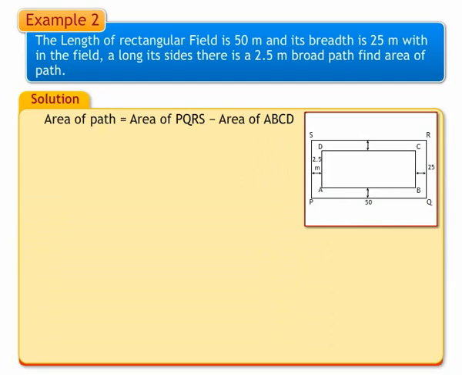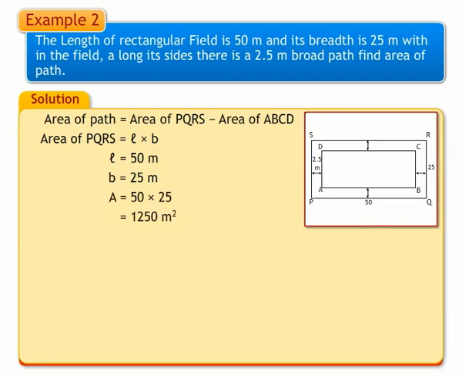Area of PQRS is L into B, where length is 50 meters, breadth is 25 meters. Area is 50 into 25 equal to 1,250 square meters. Area of ABCD is L into B, where length is 50 minus (2.5 plus 2.5) equal to 45 meters.